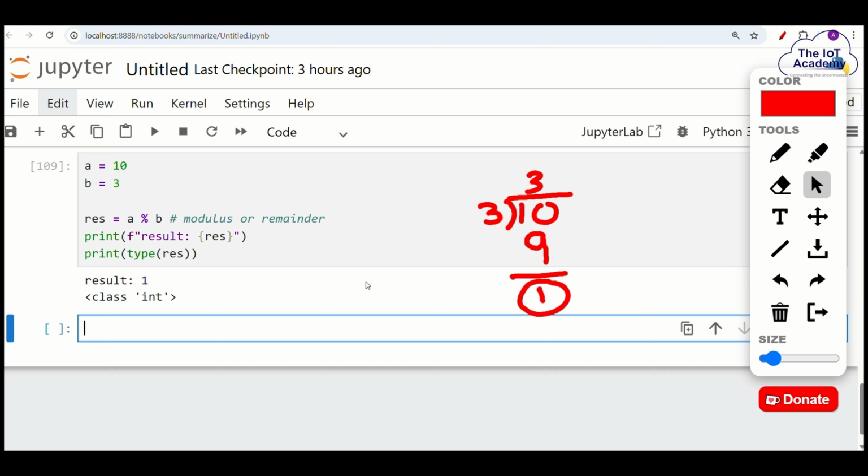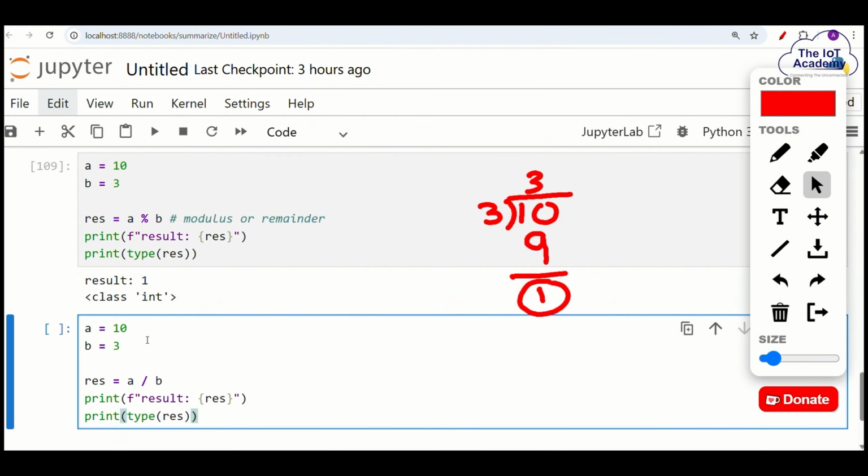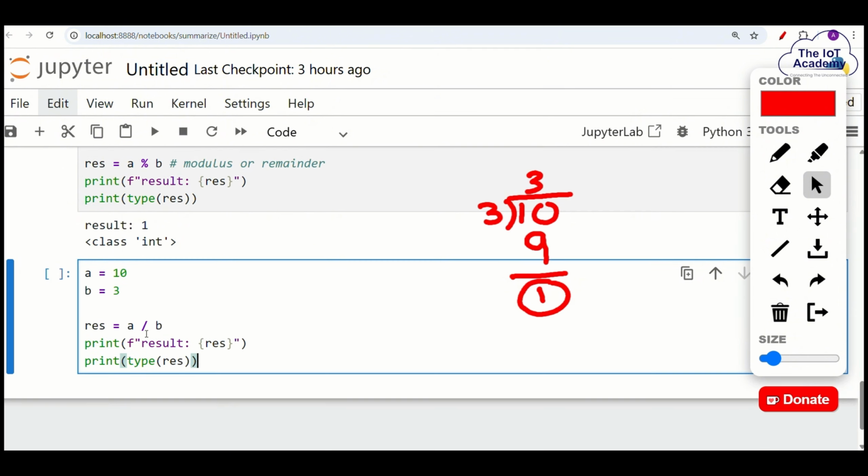Okay, next, let's go to exponentiation. So what if you want 10 to the power 3? The way you raise something to a power is you use this double multiplication. What it does is write a to the power b.